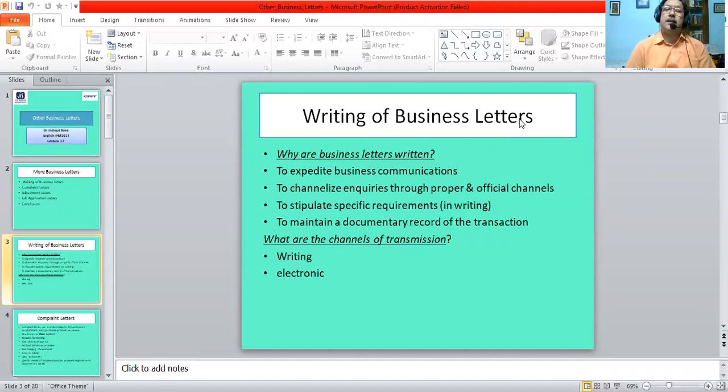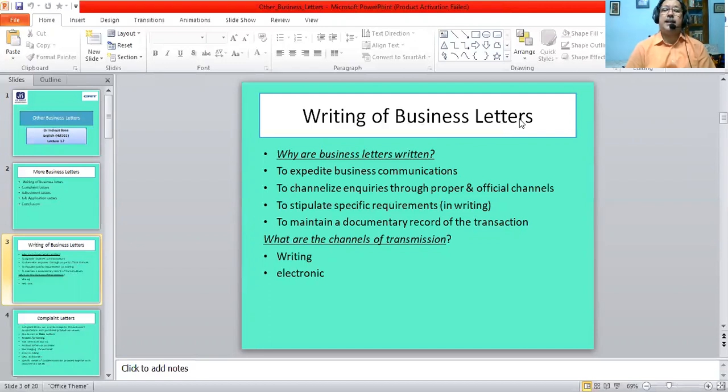And of course, for documentation purposes, we know that letters are very, very important. So in order to expedite contacts and sustain contacts with our business clients, customers, suppliers, vendors, we need to have these business letters. Also, to channelize inquiries through proper and official channels, they are very, very important.